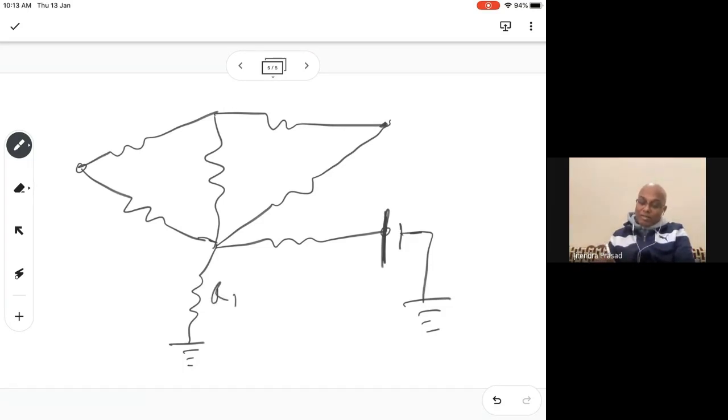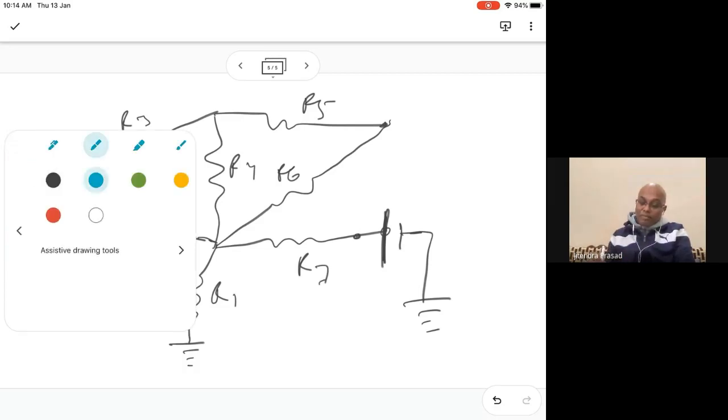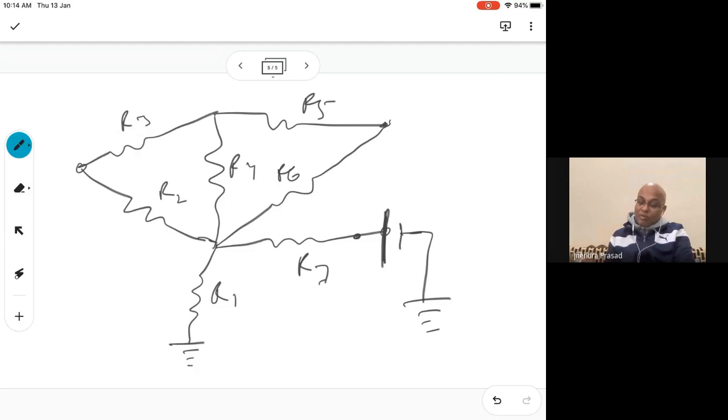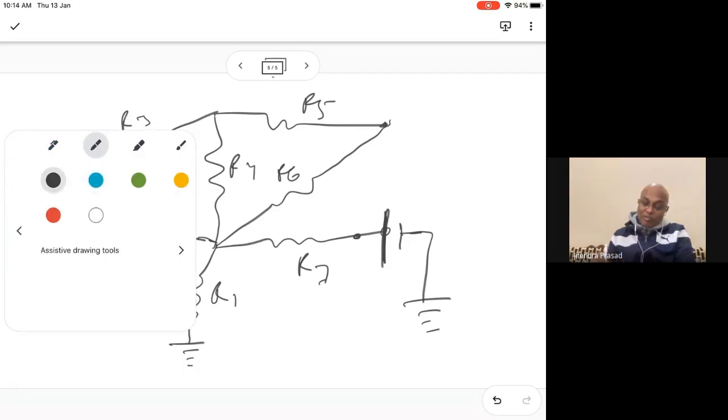Let's say this is R1, this is R2, R3, R4, R5, R6, R7. Then you have nodes, and you can have the voltages here. What is given here are the forces, like currents. There may be some currents coming in here.